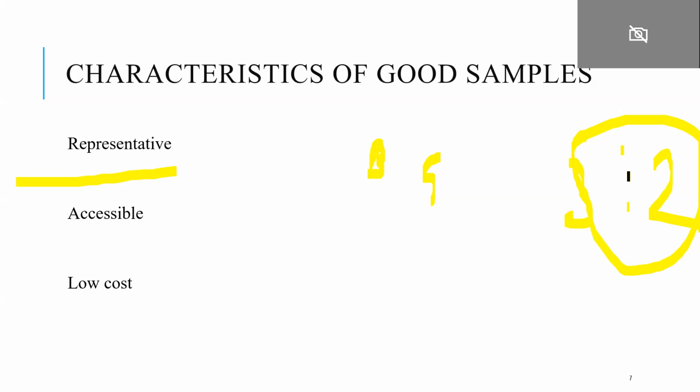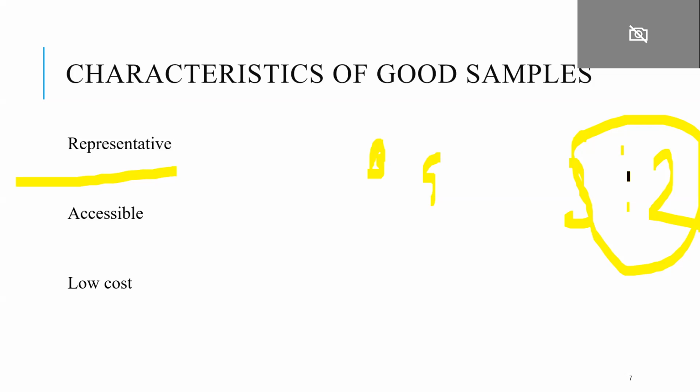Second, your sample should be accessible in nature. What does it mean? Accessibility means you should easily collect your data from your sample. If you are sampling for Al Qaeda, you will not get the data from that sample.